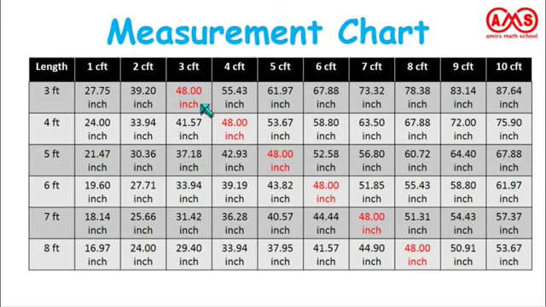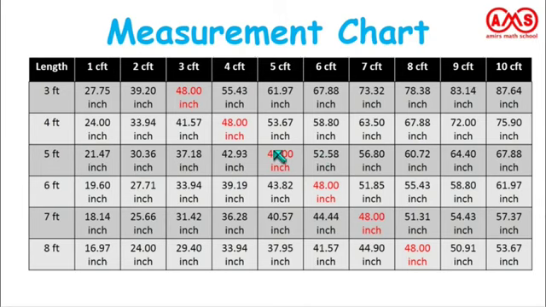So this is the interesting fact: 3 feet long, then 3 CFT if the average circumference is 48 inch. 4 feet long, 4 CFT if the average circumference is 48.00 inch. Similar for the 5 feet, 6 feet, 7 feet and 8 feet.